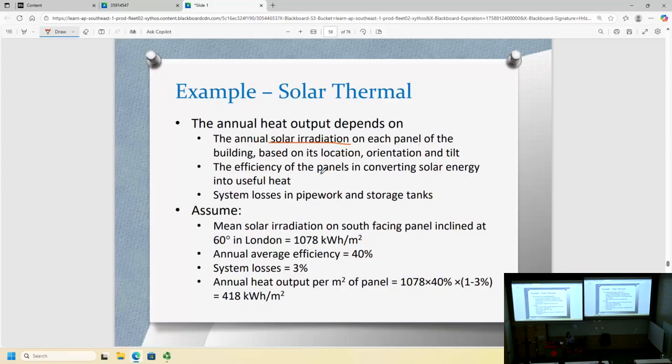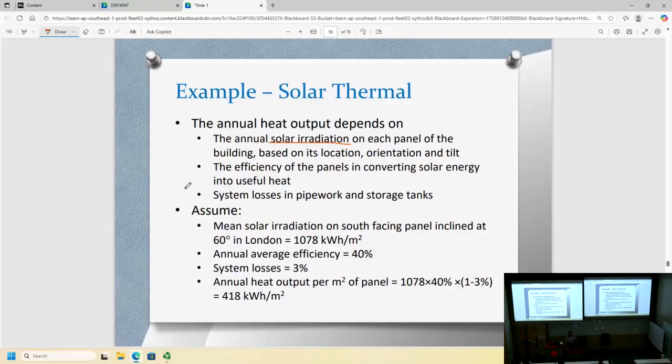The efficiency of the panels in converting solar energy into useful heat also affects the output, and so does any system loss in the pipework and the storage tank. So these are some variables which will affect the output from the system.